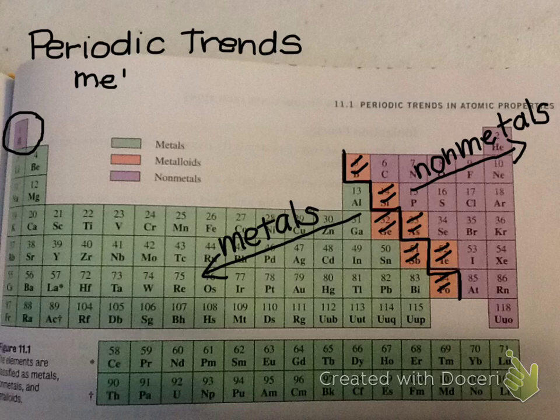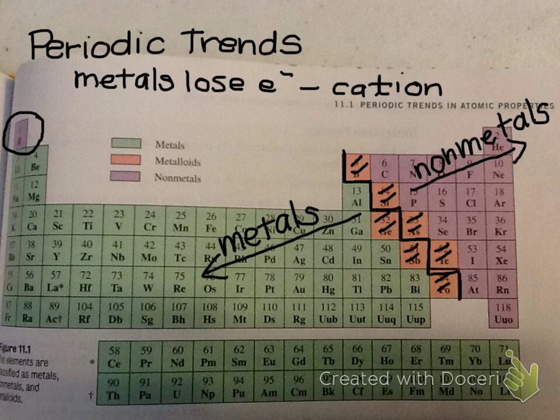Now, an important thing for us in this particular chapter to understand about metals and nonmetals is that metals tend to lose electrons. So when they lose electrons, they form an ion, and the loss of electrons forms a positive ion, or a cation, which is the name for a positive ion. Nonmetals, on the other hand, tend to gain electrons.